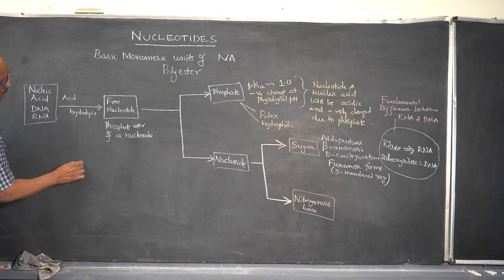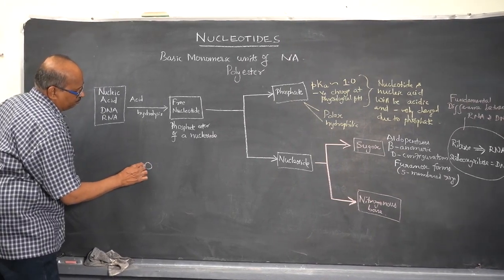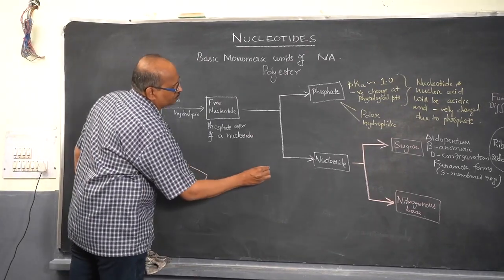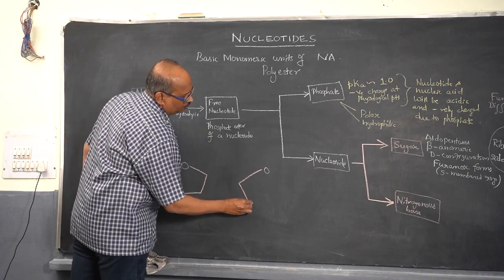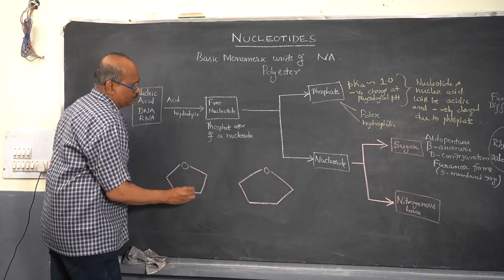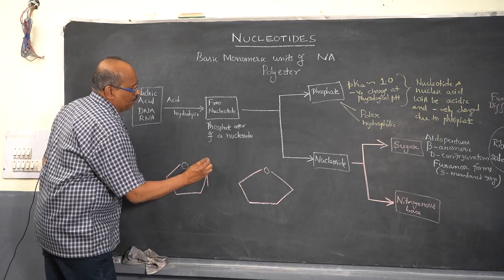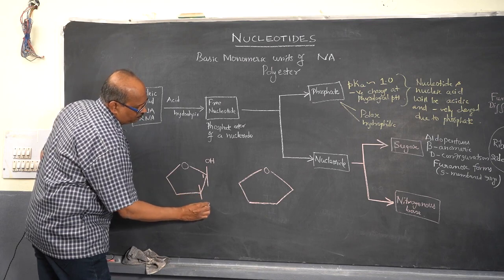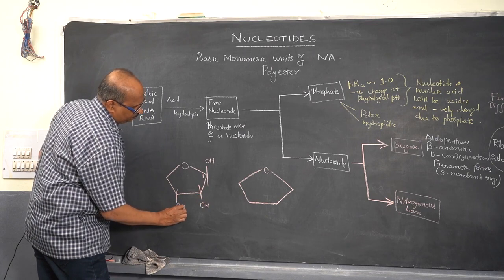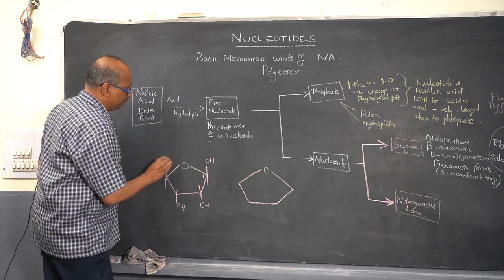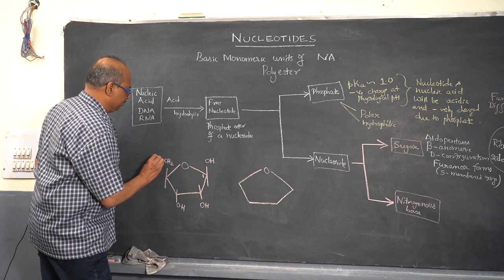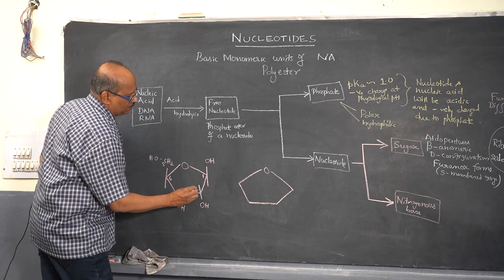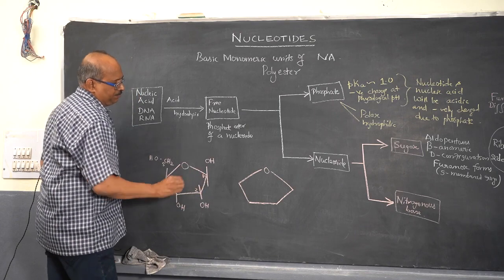The two sugars differ only at one position. So this is the furanose ring form. So this is beta configuration, carbon 1, carbon 2, carbon 3, carbon 4, carbon 5. This is the anomeric carbon.